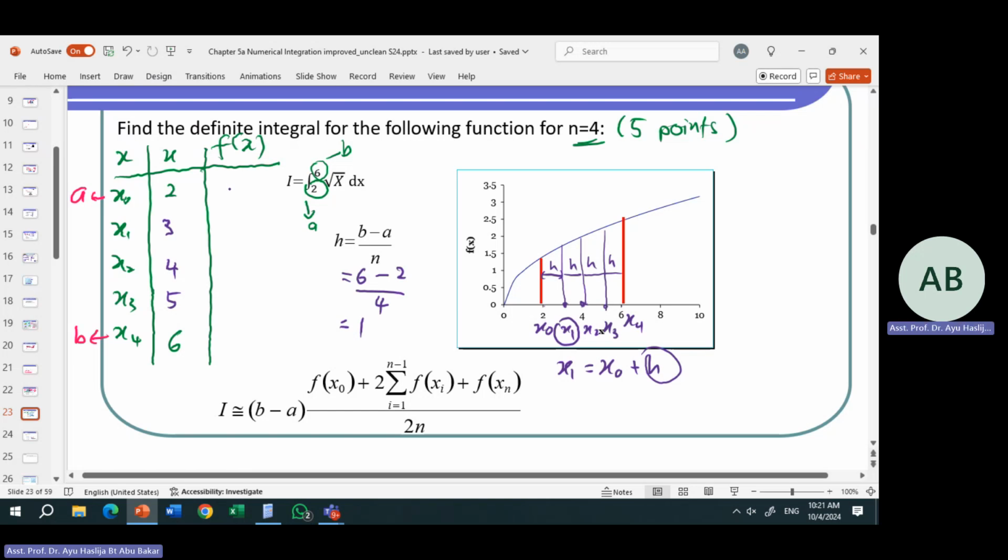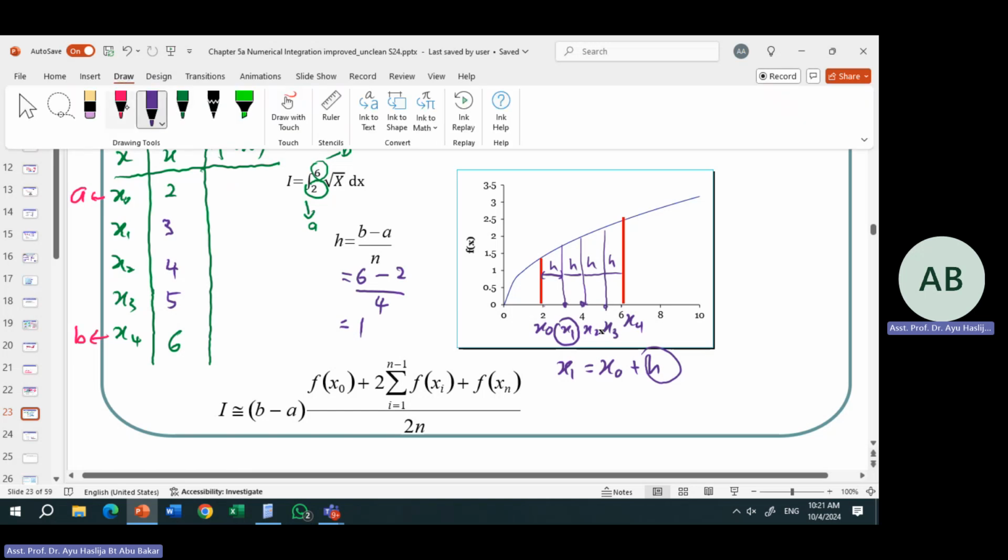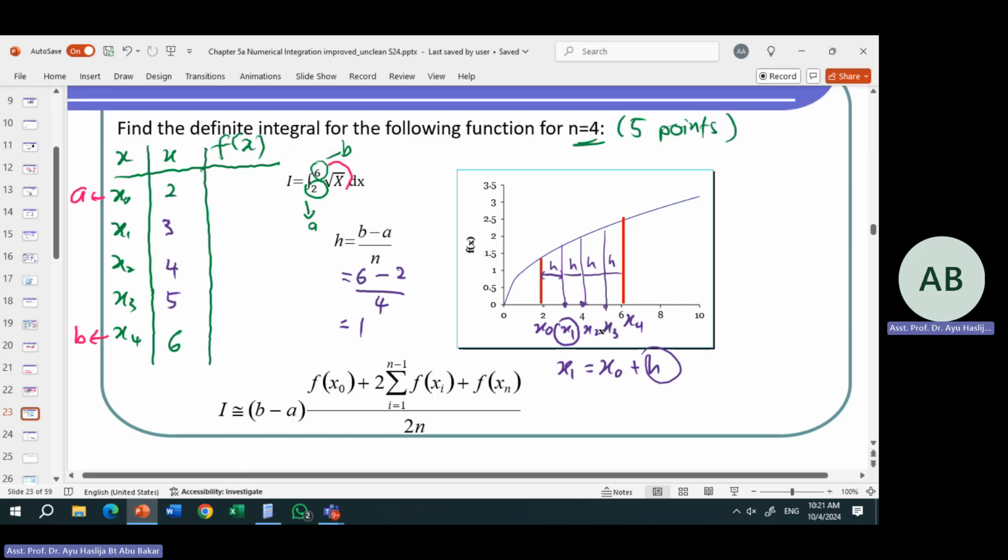How to find your fx? Correct. Yes. Your fx function is this. This is your fx function. Set x.